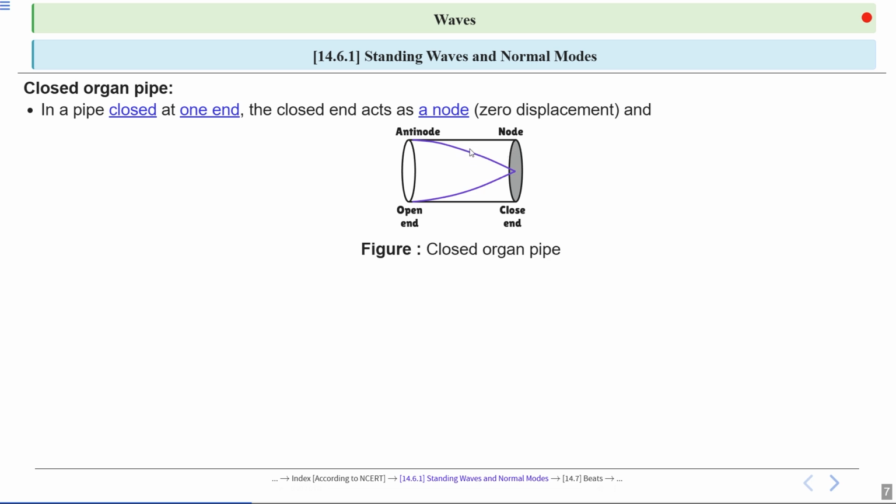This is called a closed end. The other end is open, allowing a maximum air movement, forming an antinode. This setup supports standing waves with specific harmonics as shown in the diagram.